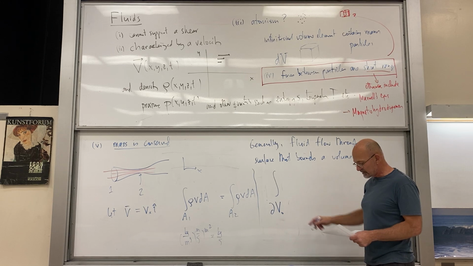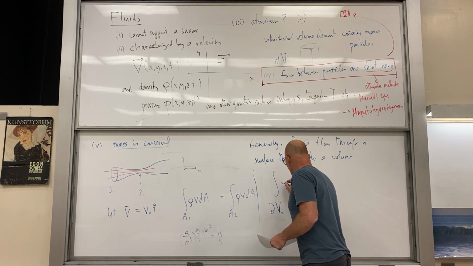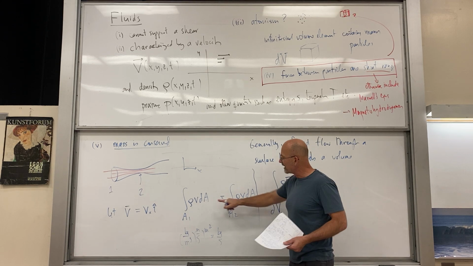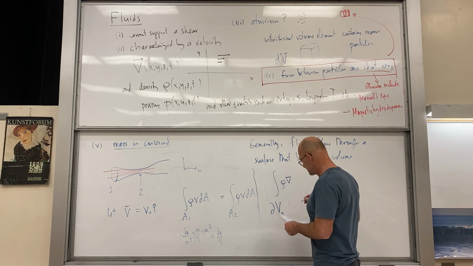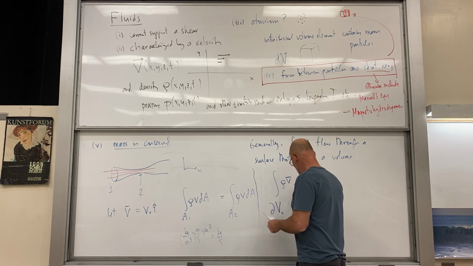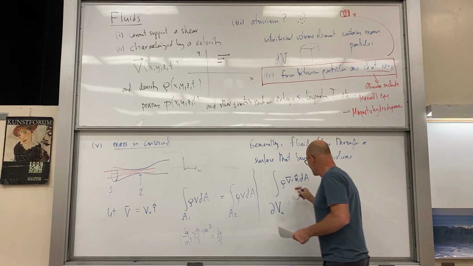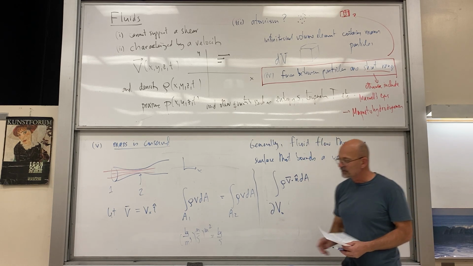That's the surface that bounds the volume. We will have density times velocity. This is going to be a vector version of this expression here. Density velocity dot n hat dA, where n hat is the outer surface normal.